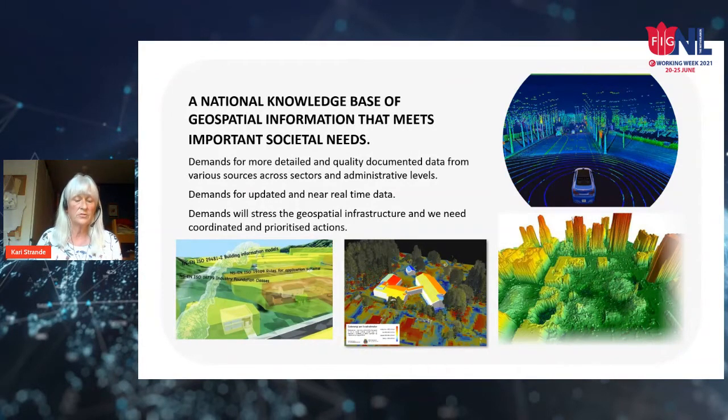To follow up the strategy, there is an action plan with more than 50 actions for improvement of the infrastructure, public-private cooperation, standardization, communication for better preparedness, etc. Last year, we launched a prize for good examples of value for society by use of this infrastructure.